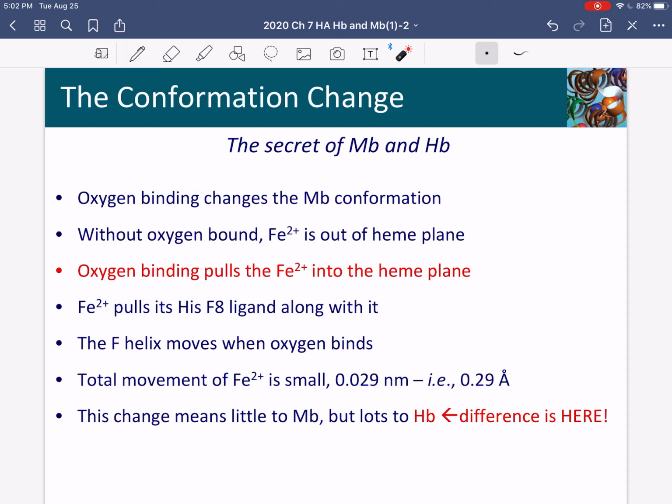And that's the nudge that I was talking about that causes one subunit to nudge its neighboring subunit and change it from the T state to the R state. Okay, it's a small change, but it means a lot when you have subunits, quaternary structure, hemoglobin.